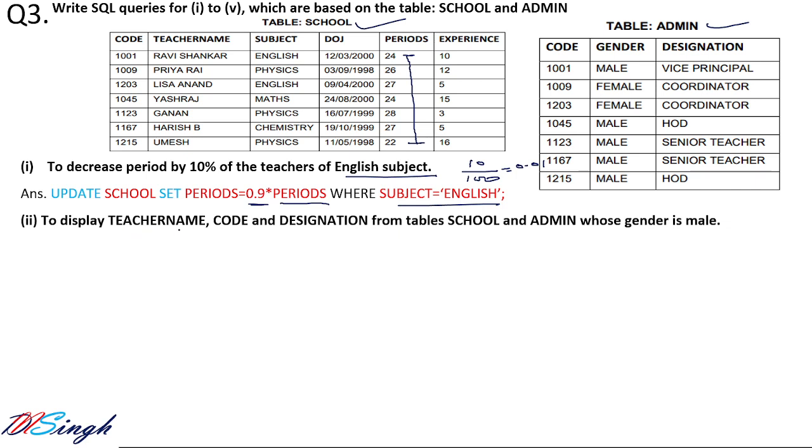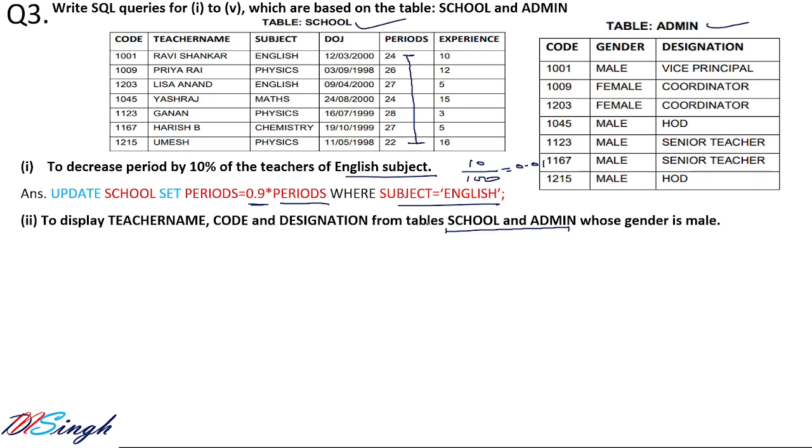Next question, to display the teacher name, code, designation from the tables school and admin. Now we have two tables. Remember, whenever you have two tables, we are going to use join, but for joining purposes we should have some common column. We have the code as the common column, whose gender is male.